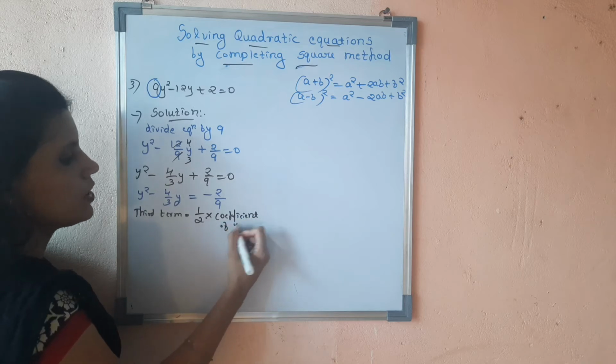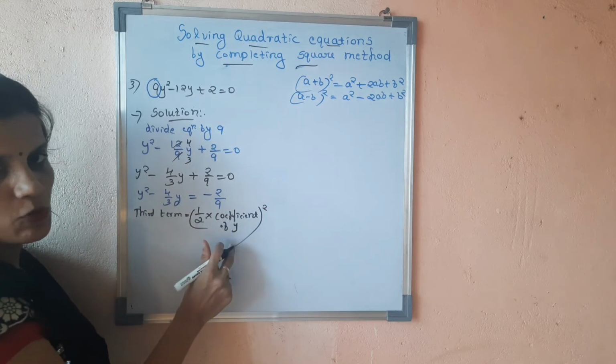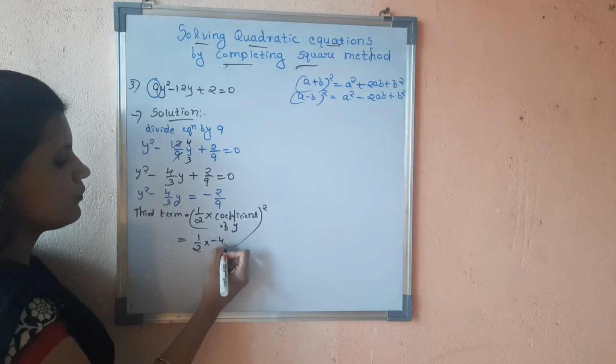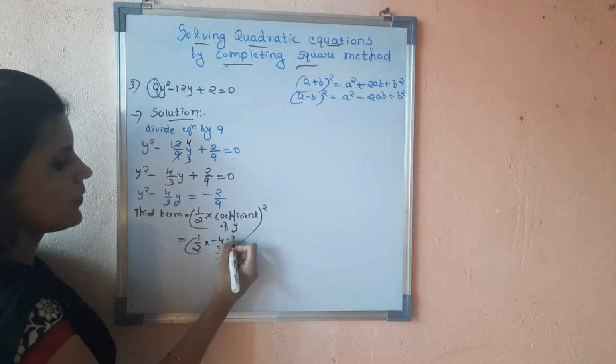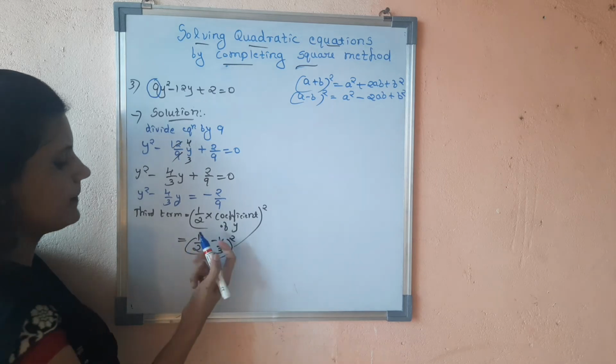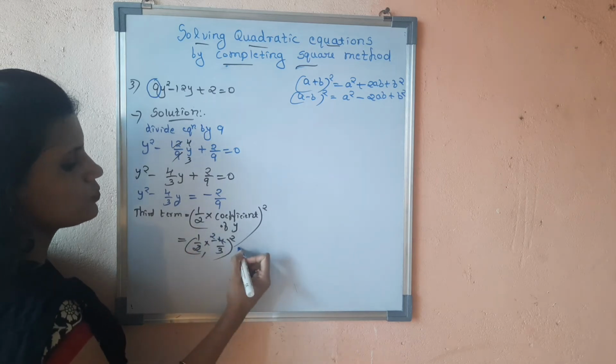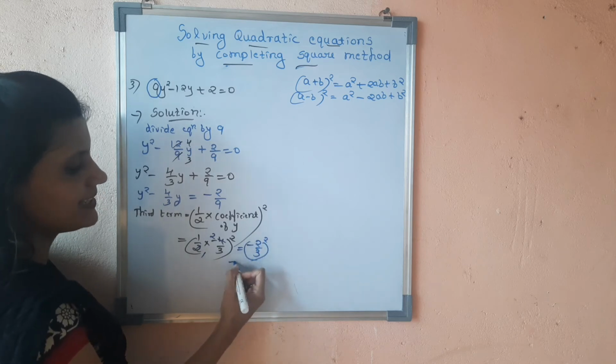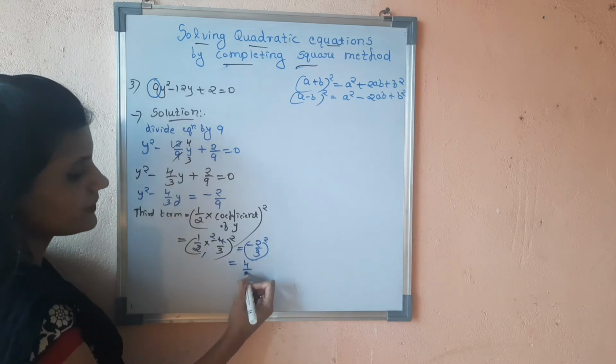Now what is the coefficient of y over here? That is half into minus 4 upon 3 whole square. As these both will go in the same table, 2 1s are 2, 2 2s are 4, this will become minus 2 upon 3 whole square, which is nothing but 4 upon 9.